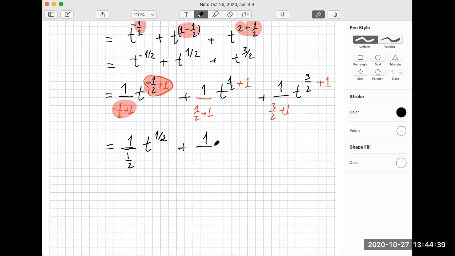This guy, it will be 1 divided by what is it here in the denominator? Yes, 3 over 2, 3/2 here. Very good. And t to the 3/2. Very good. The same story here. It will be 1 over 5/2. Very good.